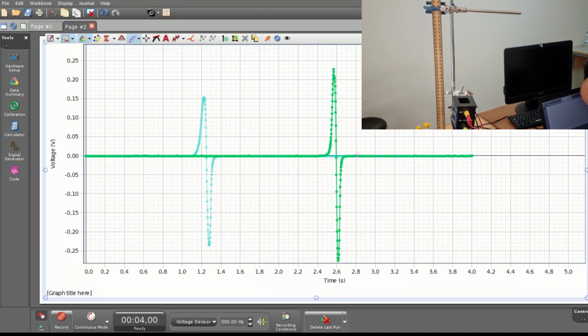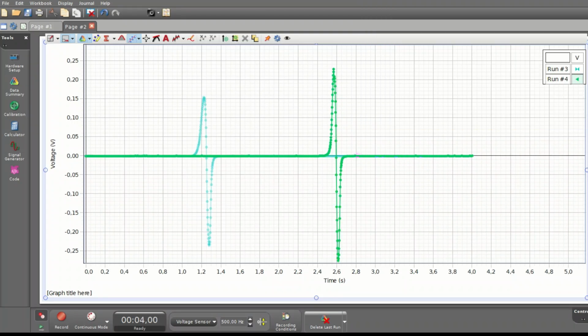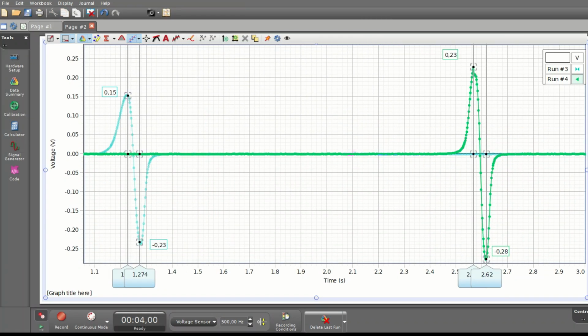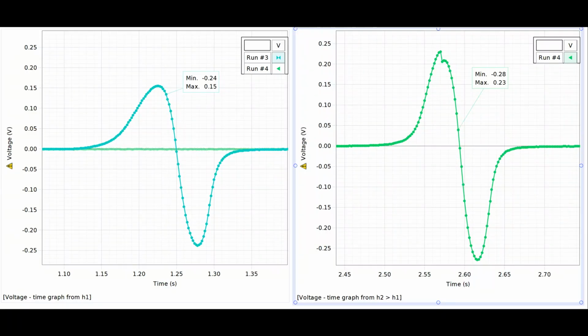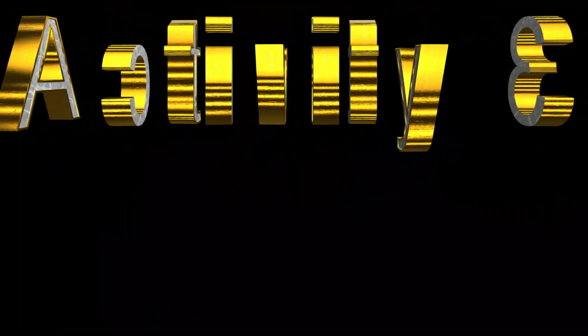We observe the creation of an electromotive force with the same polarity but with larger values for the larger height. This is because the speed at which the magnet passes through the coil is greater, resulting in an increase in the rate of change of the magnetic flux.